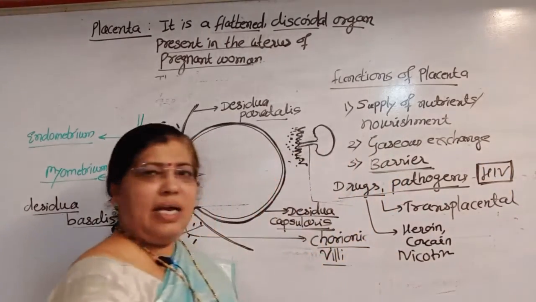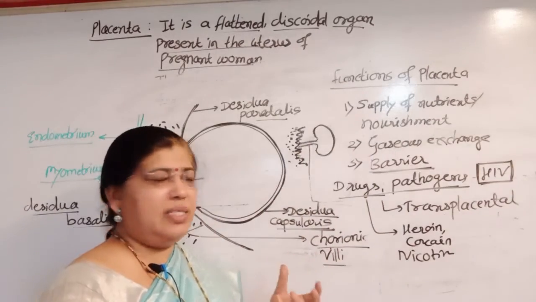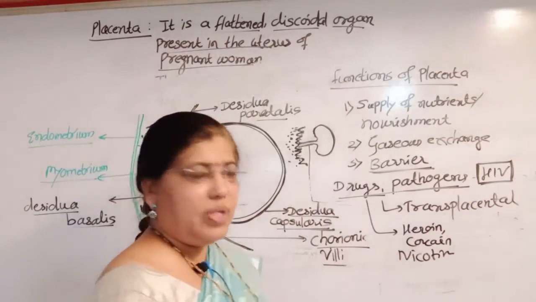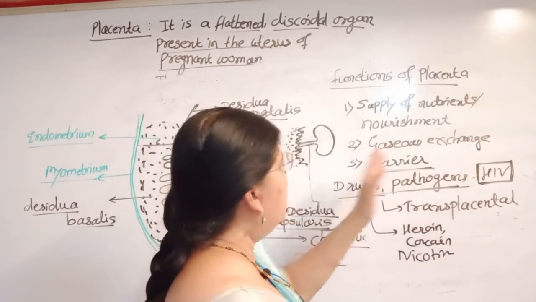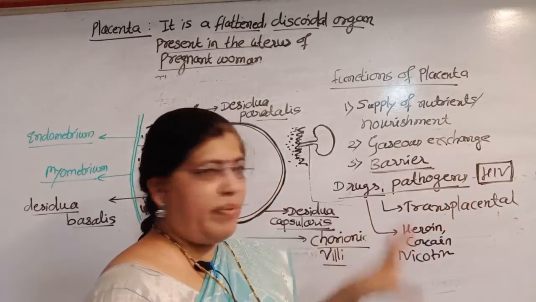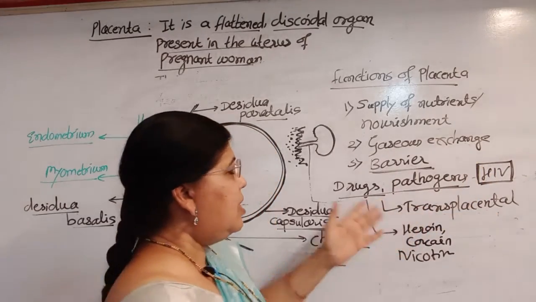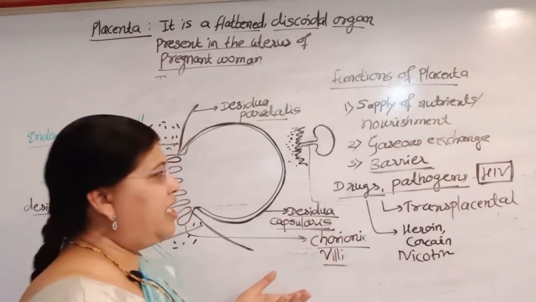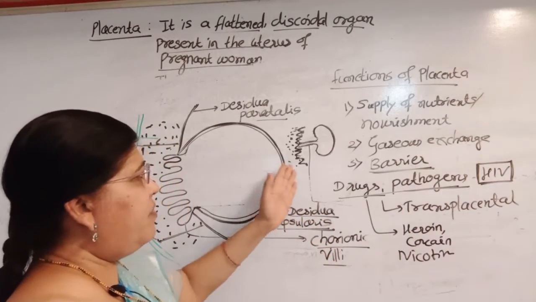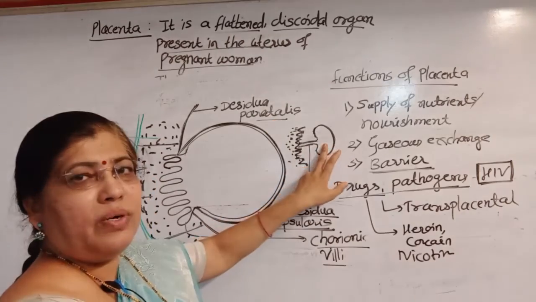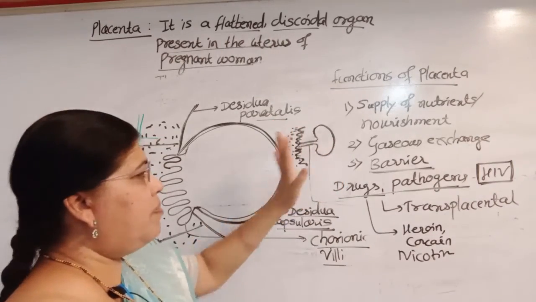But now there are some medicines available which can prevent the entry of HIV to the fetus. HIV means human immunodeficiency virus. If the mother is infected with HIV and is pregnant, then HIV from the mother's blood circulation can enter into the fetal blood circulation through the placenta.